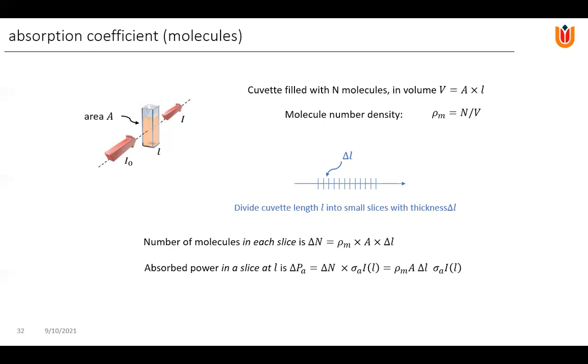So just combining all the equations before, we can now write an expression for the amount of power. Delta P_A in watts as a function of the number density of the particles, rho of L. A was the area, delta L was the length. So together they are volume, and then we have sigma_A, the absorption cross section at that position.